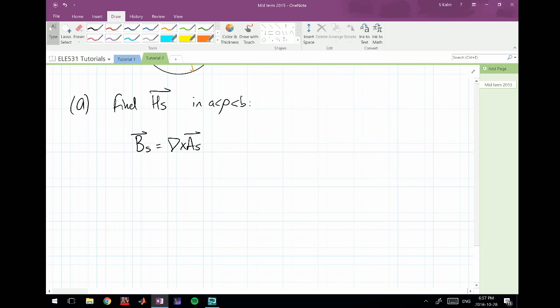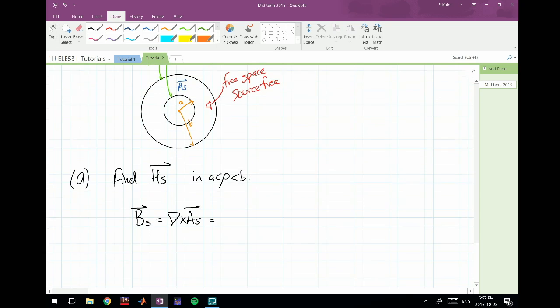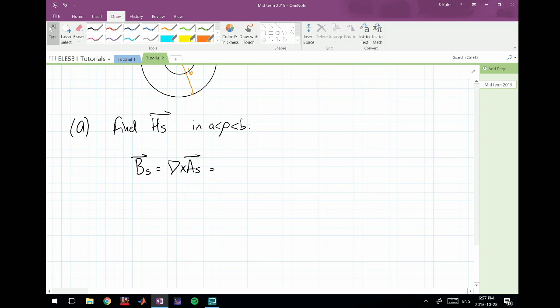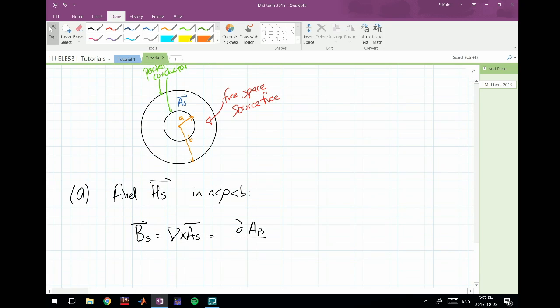So now we take the curl of this thing, and this is the cylindrical curl. I have no idea what the cylindrical curl looks like, so I'm going to look at my solution here. Apparently it looks like this. So it's partial, A_rho s, and A_rho is the component in the rho direction, which is all we have. Oh, sorry, I should probably write this.